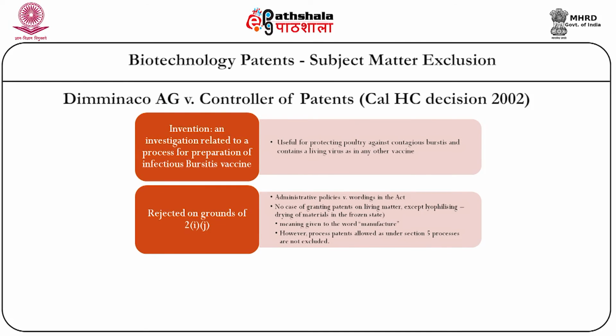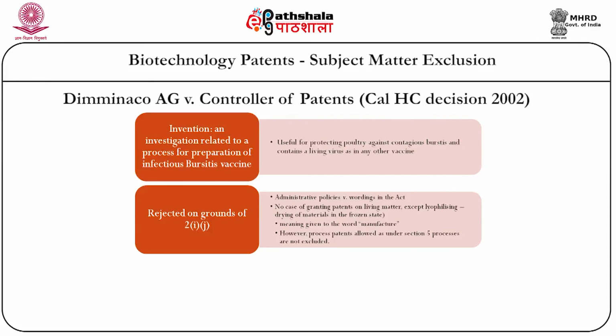It said administrative policies and the wordings in the Act must be differentiated. You should look actually into the wordings of the Act. No case of granting patents on living matter, except drying of materials in the frozen state. The meaning given to the word manufacture was discussed. However, the process patents allowed under Section 5 are not excluded.